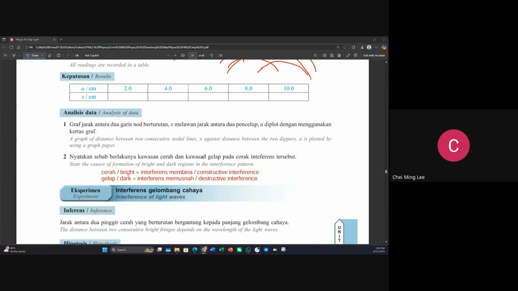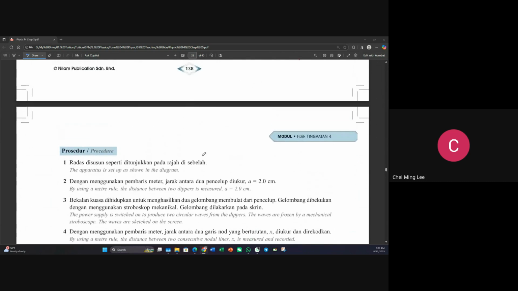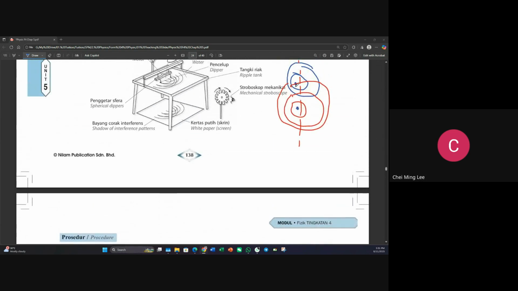So the nearer these two points are, the gap between this point and this point will be farther away. The nearer they are, the further away this will be.